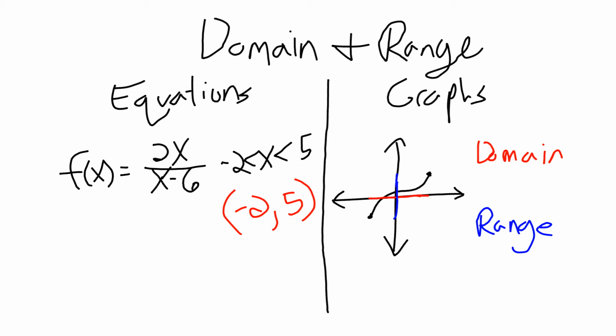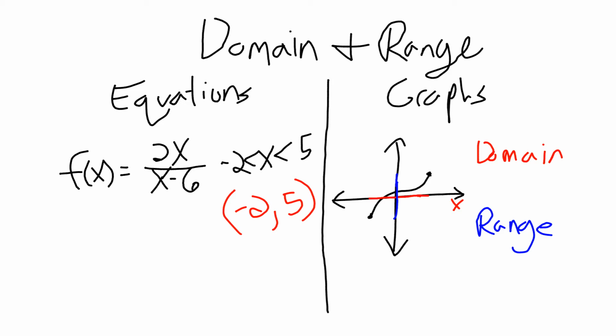The domain is all of the different values that you could get on the x-axis for a function. So if you're looking at a picture, you can define the domain as starting at a minimum point, going to a maximum point, similar to our domain defined by the equation.